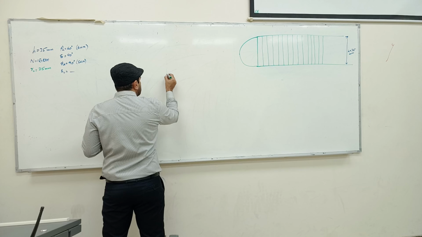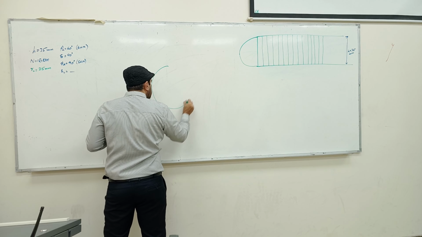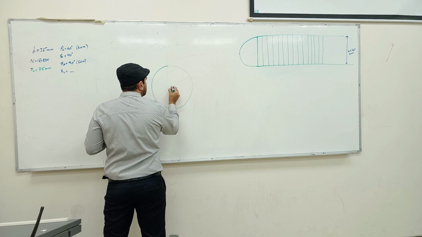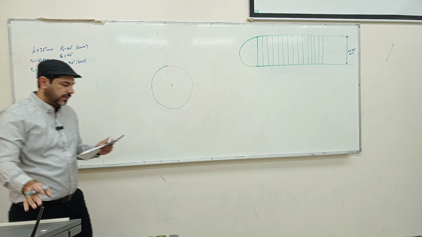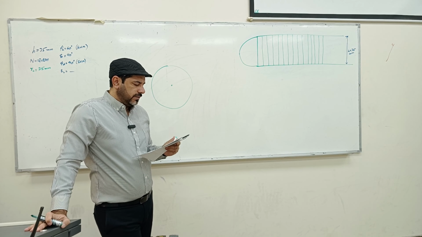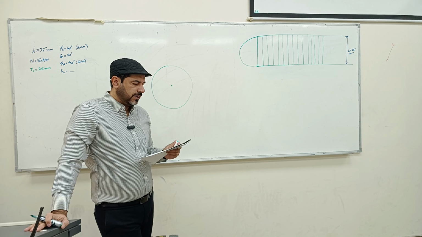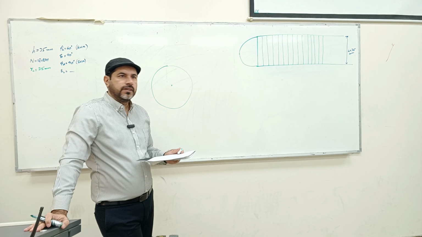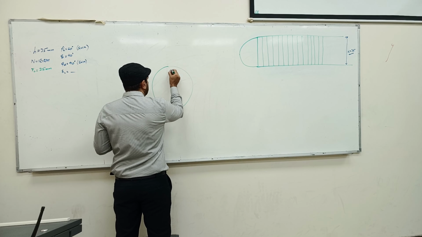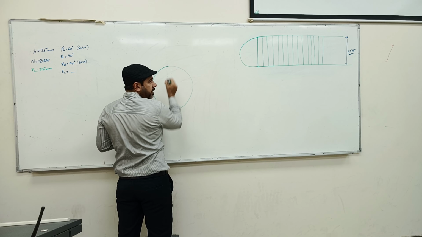Alright, so what we need to do is draw the base circle. And then the line of stroke of the follower is offset 10 mm. Last time we drew the follower out here.